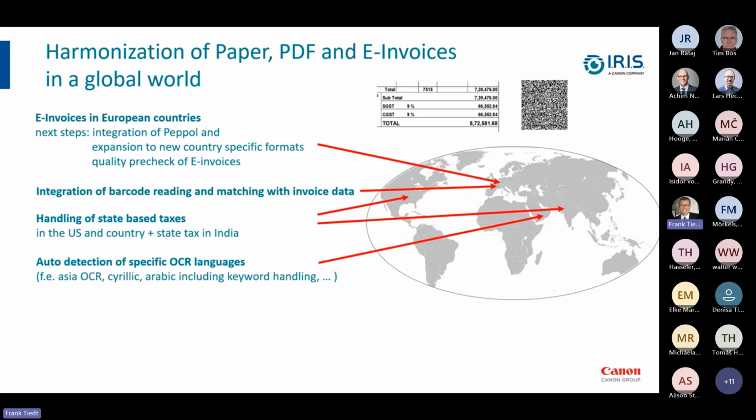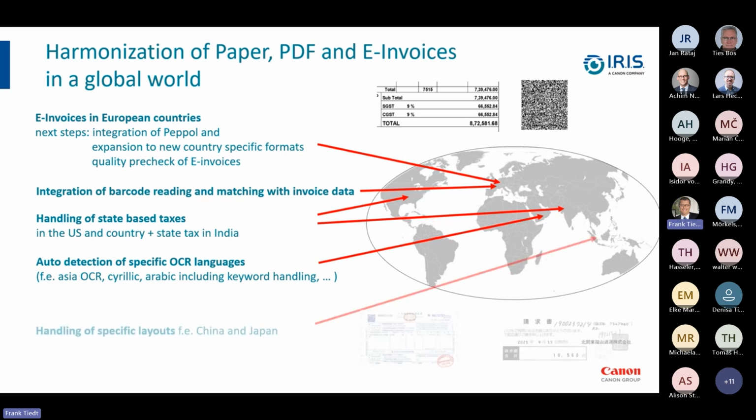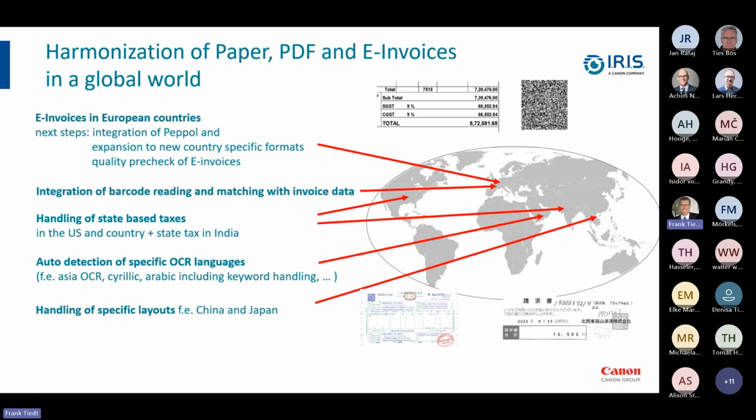Asia, in particular, has a challenge with the automatic recognition, especially with the special OCR character sets. And it's very important to recognize the different character set in order to have good recognition of the full text.